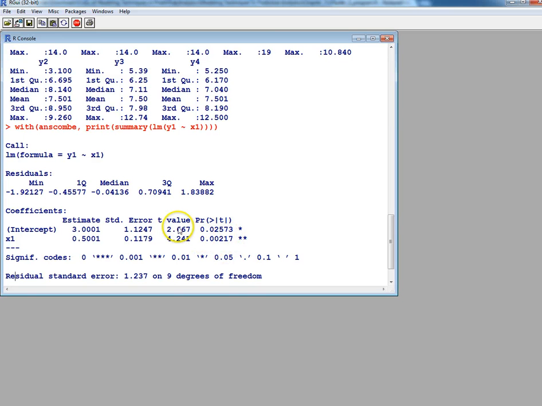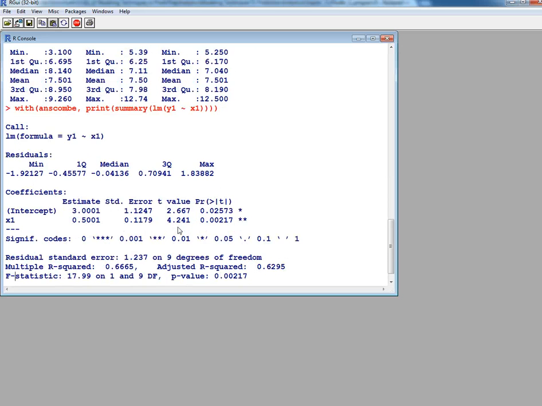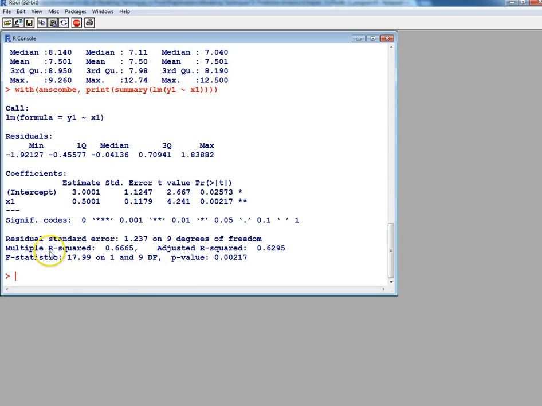The only other thing that I might explain here is the multiple r squared. These numbers, like multiple r squared and adjusted r squared, tell you how good a prediction you're doing. If this was 1 instead of 0.66, that would mean you'd have perfect predictability.